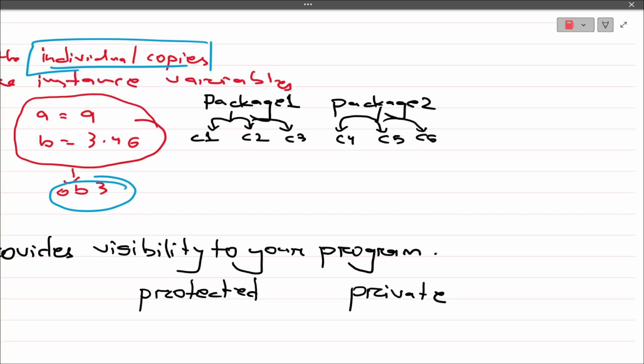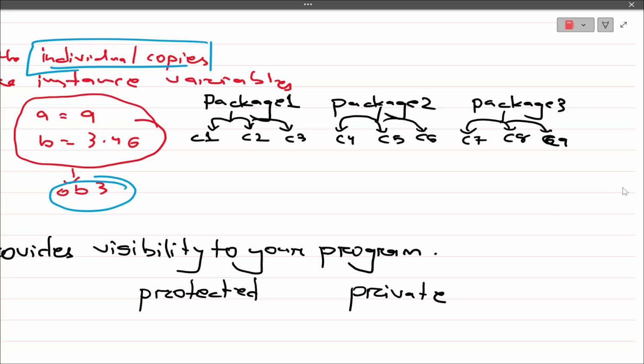And there is another package, suppose package 3, where I have C7, C9. These are nothing but my classes. Don't be confused. One package will contain varieties of classes.